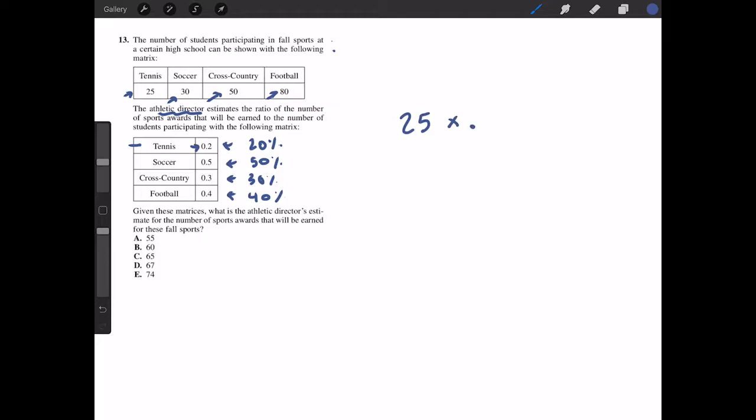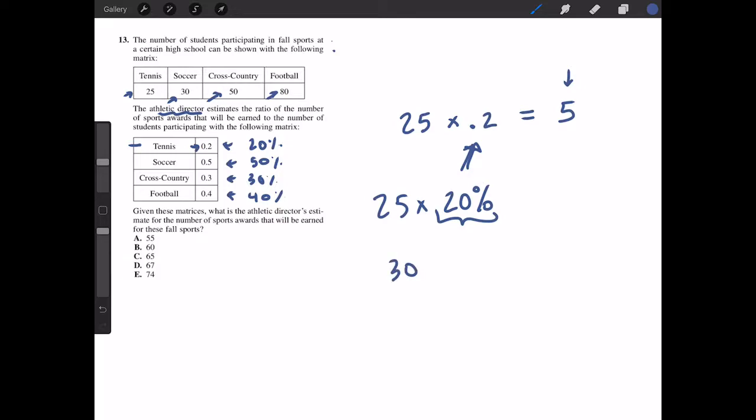So essentially, you're multiplying 25 times 0.2. It's the same as 25 times, say, 20%. You just need to know that 20%, of course, in its decimal form is 0.2.